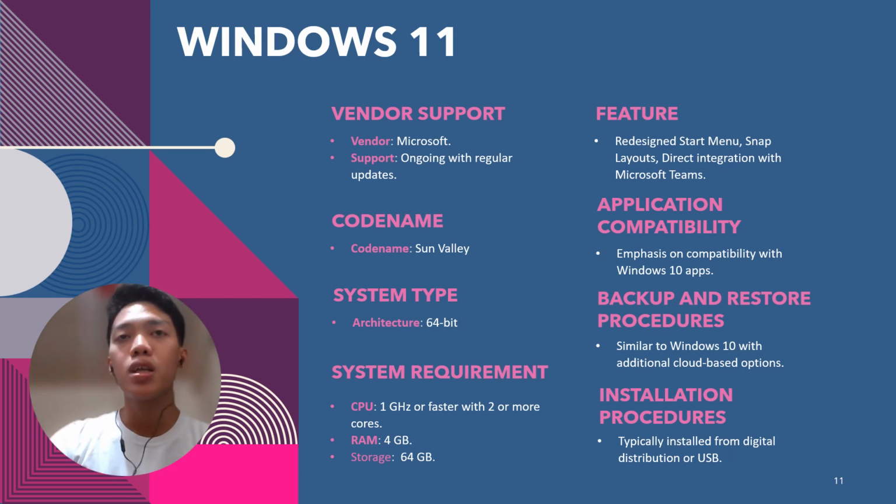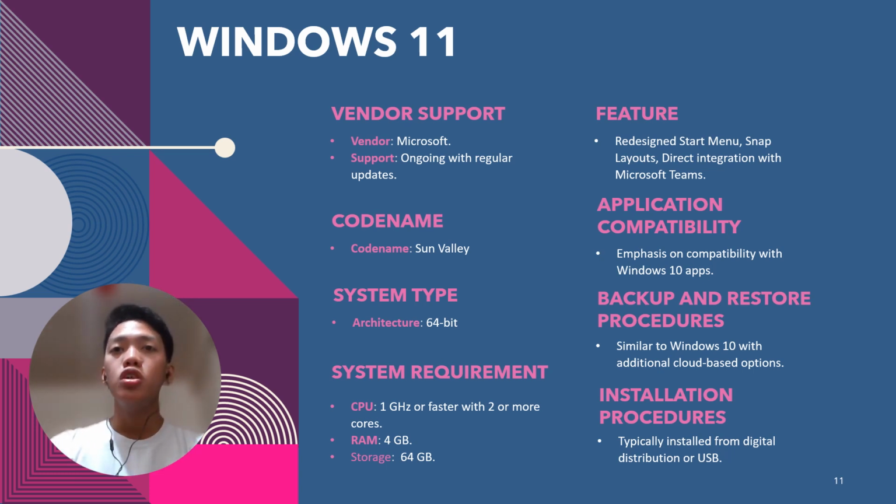Snap layouts provide a more intuitive way to organize and manage open windows for improved multitasking. Application compatibility emphasizes compatibility with Windows 10 apps. Backup and restore procedure similar to Windows 10 with additional cloud-based option. Installation procedures: typically installed from digital distribution or USB.